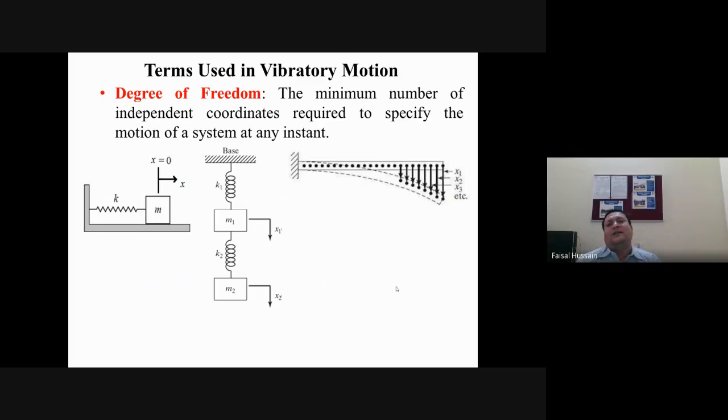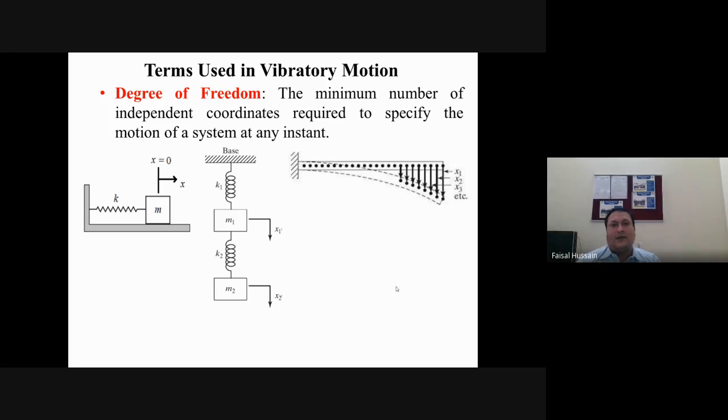Now, the next one is your degree of freedom. In kinematics of machine also, we have studied about the degree of freedom, and we have determined the number of degree of freedom for a number of mechanisms. Similarly, in vibration also, the degree of freedom term is incorporated.